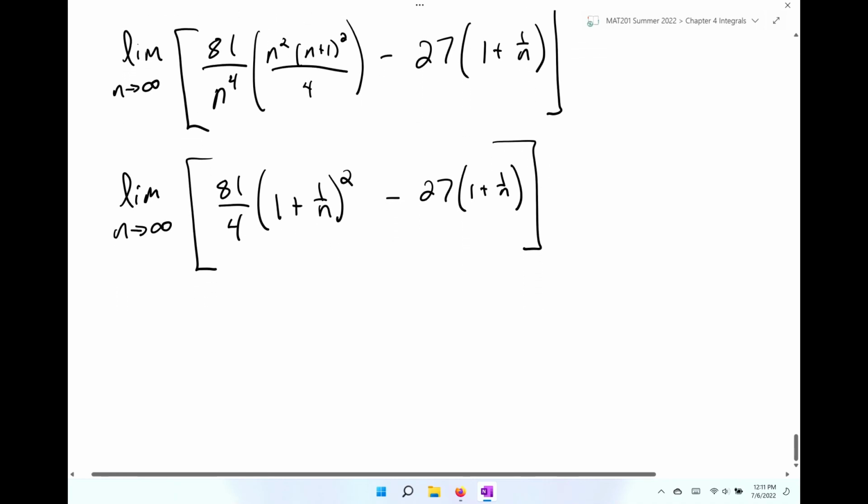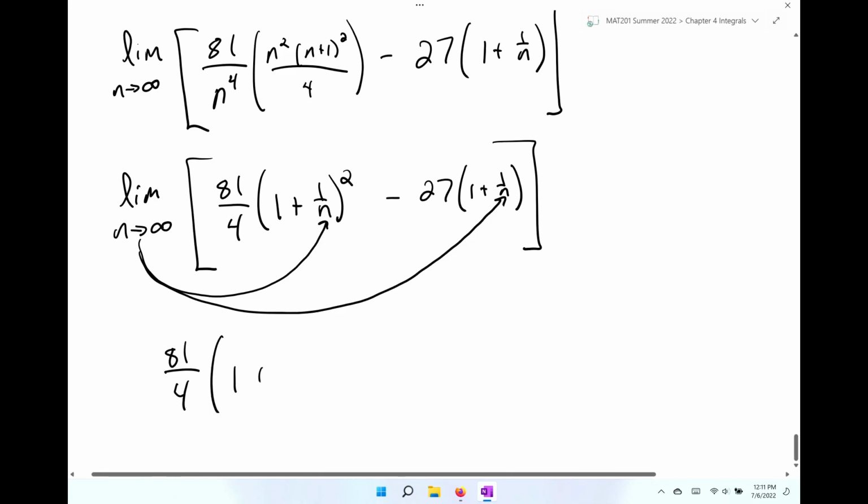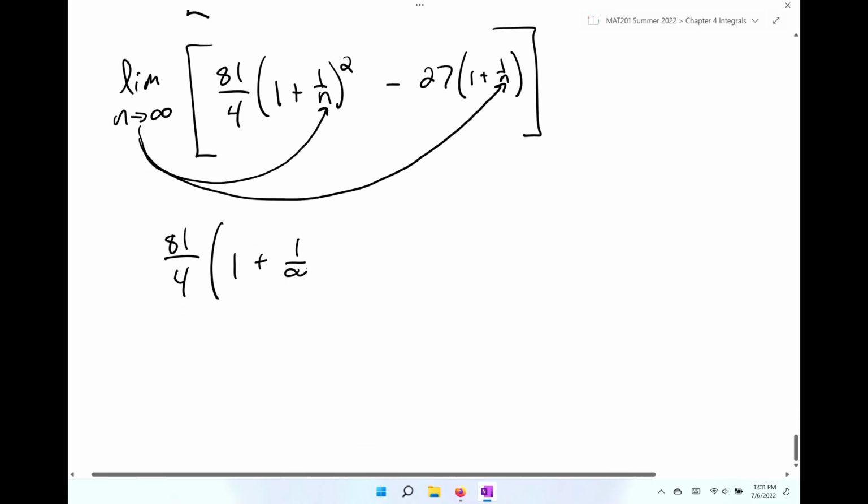All right, and finally, what we can do here, now that we have everything simplified, we're going to make our limit substitution. We know, sorry, I'm just going to write it out real quick. All right, here we go. So we know this 1 over infinity basically goes to 0. 1 over infinity goes to 0.